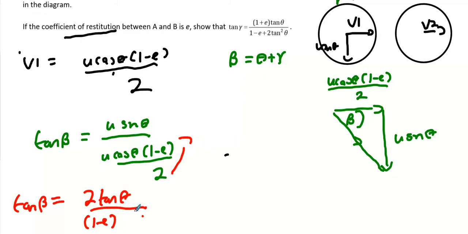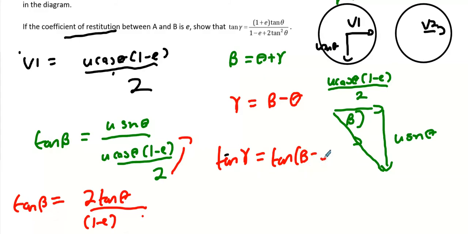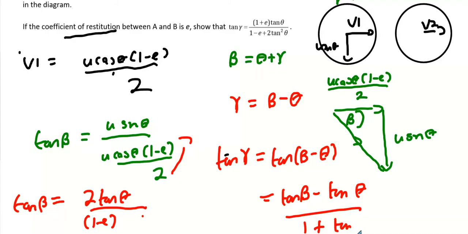Now, there's a little trick here, okay? So, gamma equals B minus theta. So this means tan gamma equals tan of B minus theta. And we know a formula for this, don't we? It's tan B minus tan theta, all over 1 plus tan B tan theta.